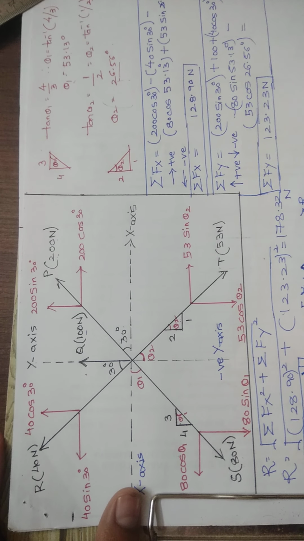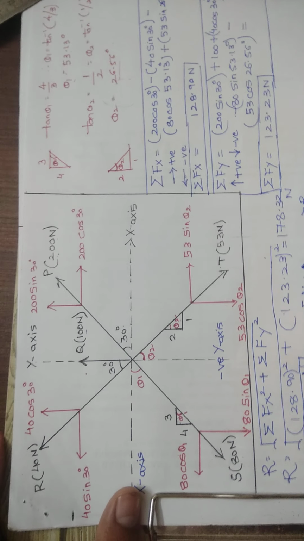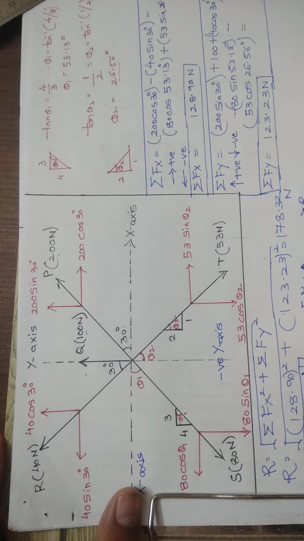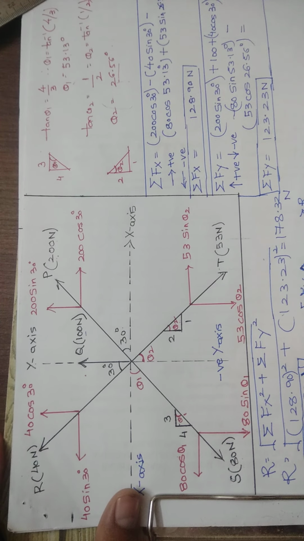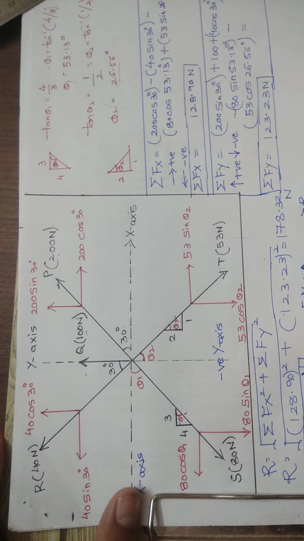We have to find the angle theta made by this resultant with the x-axis. The opposite side is the summation of Fy, the adjacent is the summation of Fx. Therefore theta is equal to tan inverse of summation of Fy by summation of Fx.